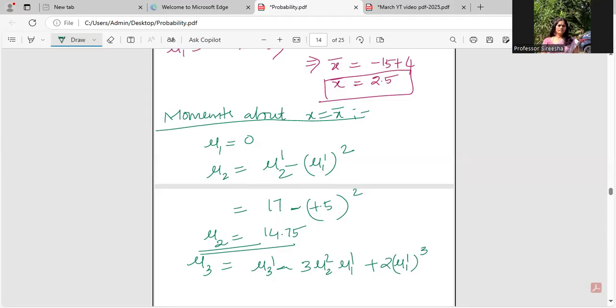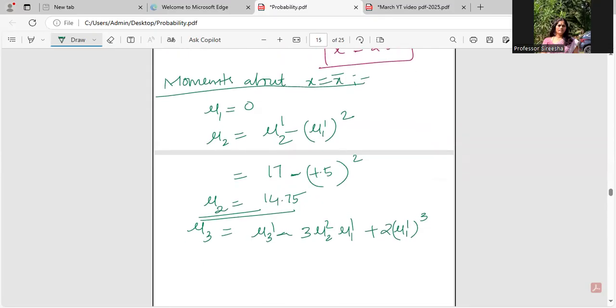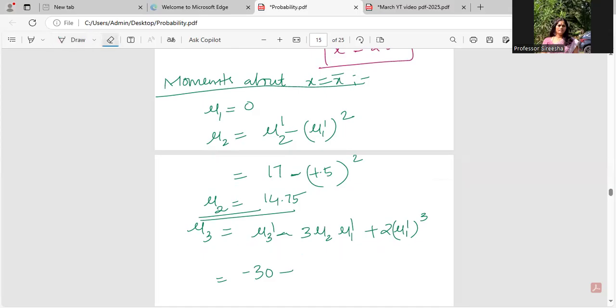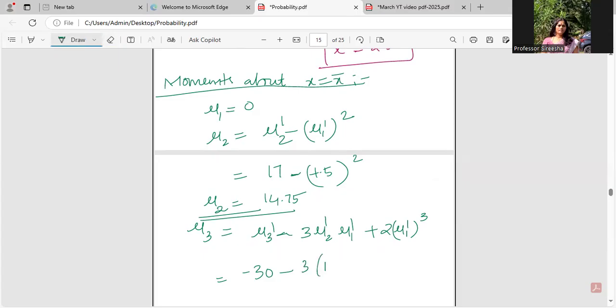Mu3 prime is given as minus 30, minus 3 into 17 into mu1 prime, which is minus 1.5, and then plus 2 into minus 1.5 whole cube.